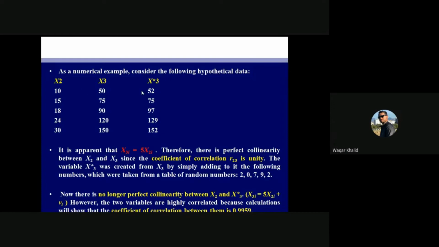But let me give you another example. If I am adding, suppose, 0.1 to x3, I get the value, for example 50.1. So both cases are very near to each other.